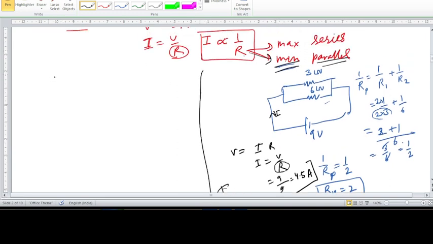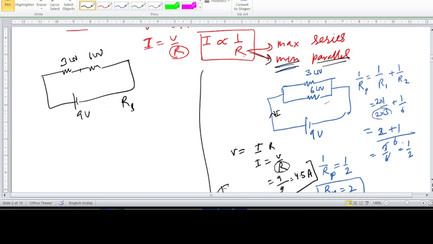Now in the other case, in the same way, we can calculate. You are connecting it to a 9 volt battery, and this is 3 ohm, this is 6 ohm. I am not writing ohm again. Now again, what is the total resistance?